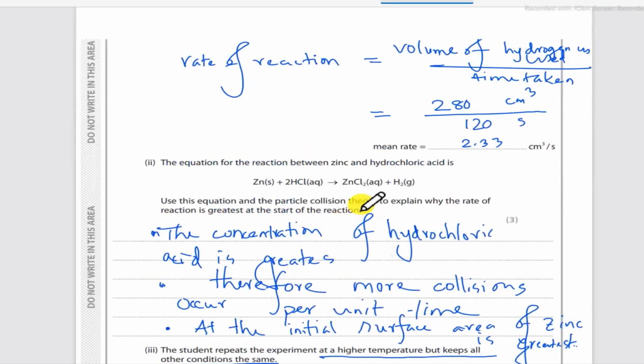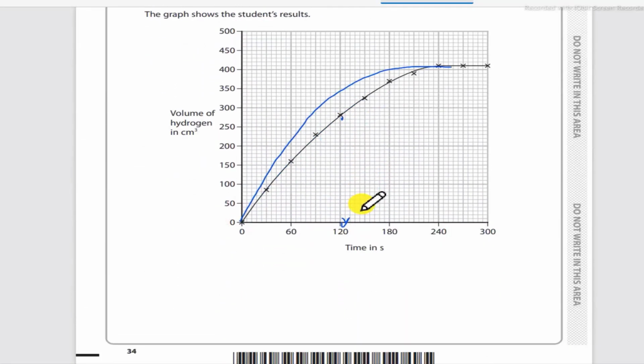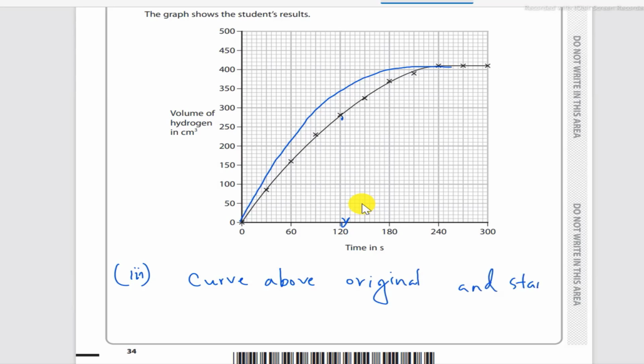So the curve is above the original and starts at 0. Curve goes flat at the same volume.